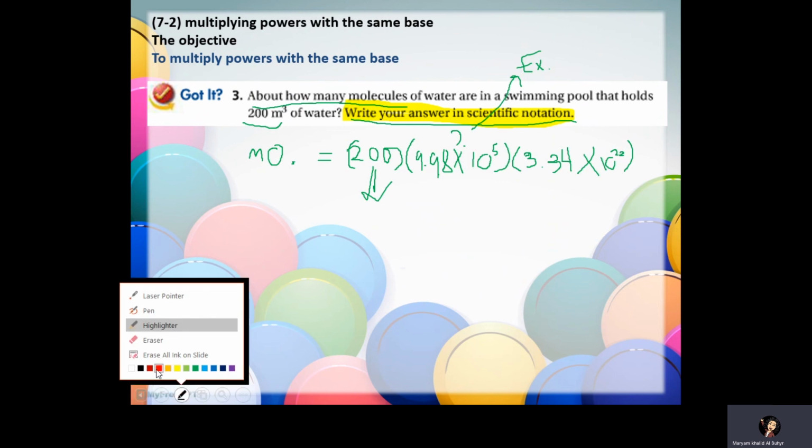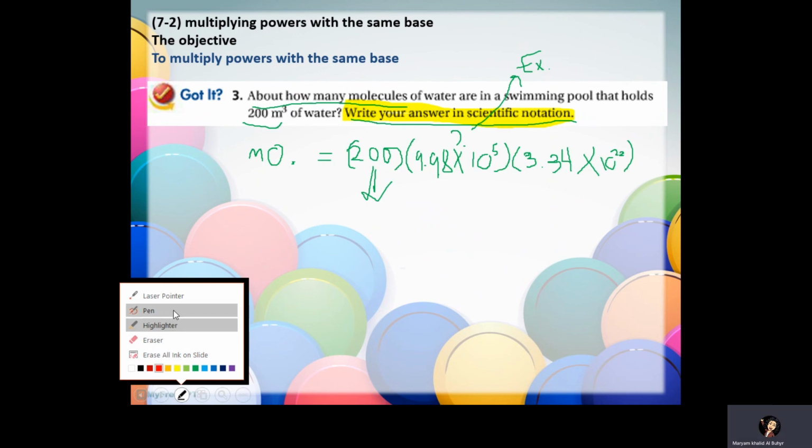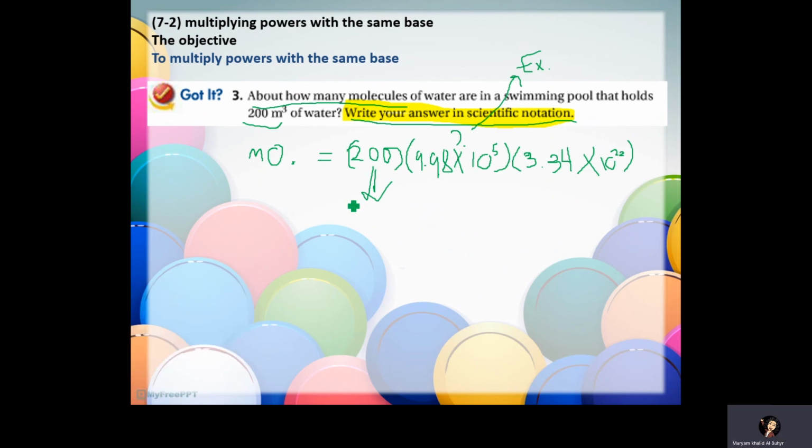So that will be 2 times, the decimal is here. I'm moving 1, 2 to the left. That means it's 10 to the power 2, right?